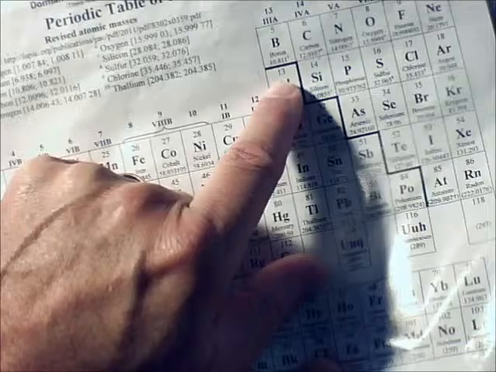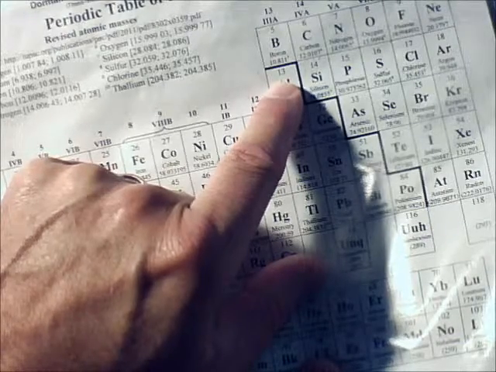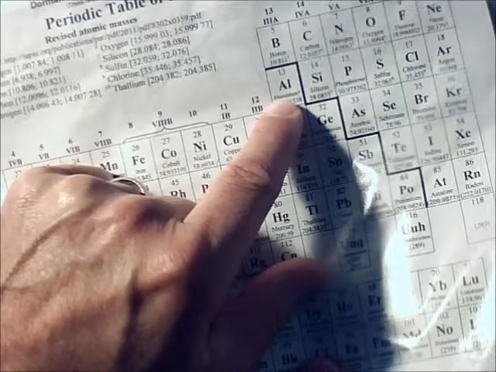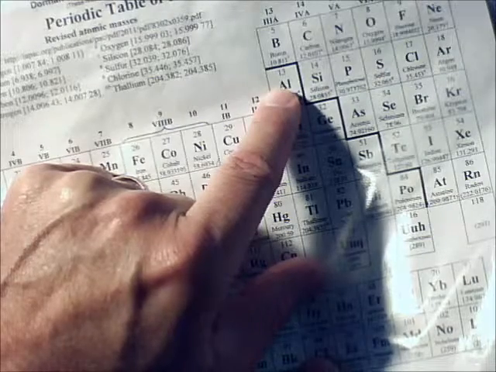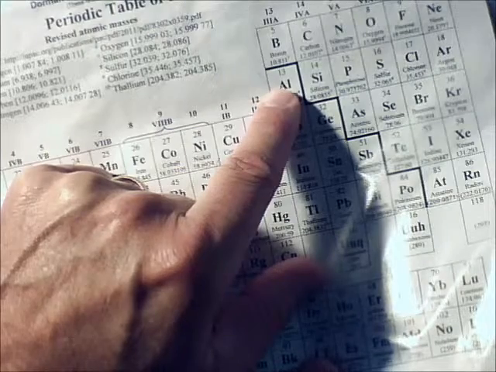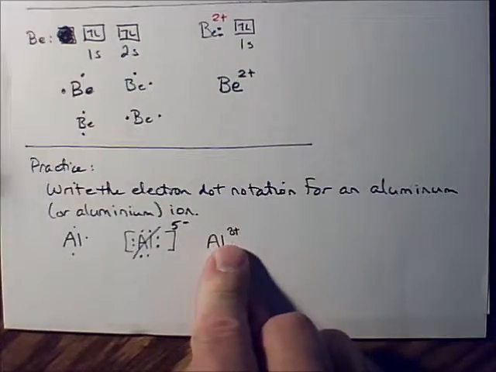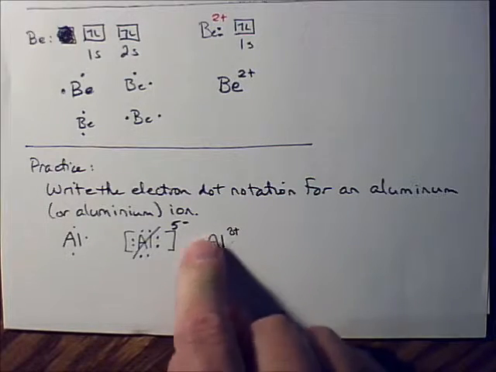You have to have an equal number of positive charges and negative charges for an atom to be neutral, and all atoms are neutral. So if I remove 3 electrons, then I've got 13 protons and 10 electrons. So that's 13 positive charges and 10 negative charges. Add those together, you're going to get a 3 positive charge, and that's where we get the aluminum's 3 positive charge on the symbol here.